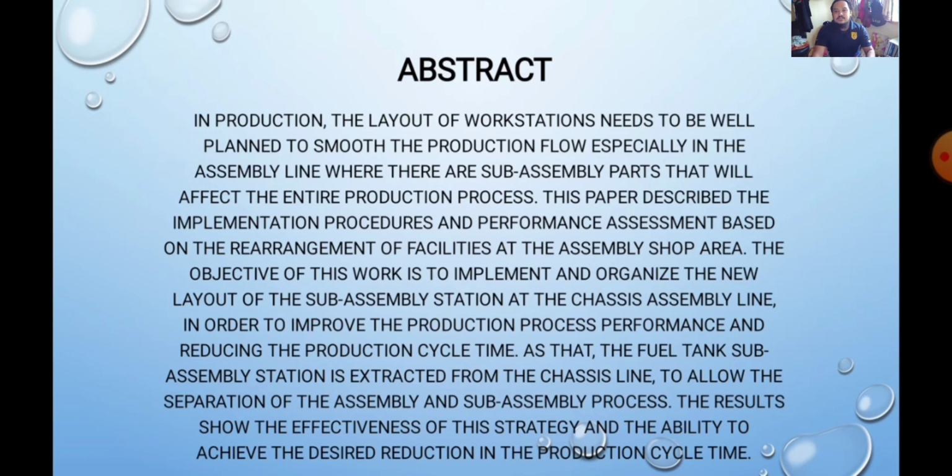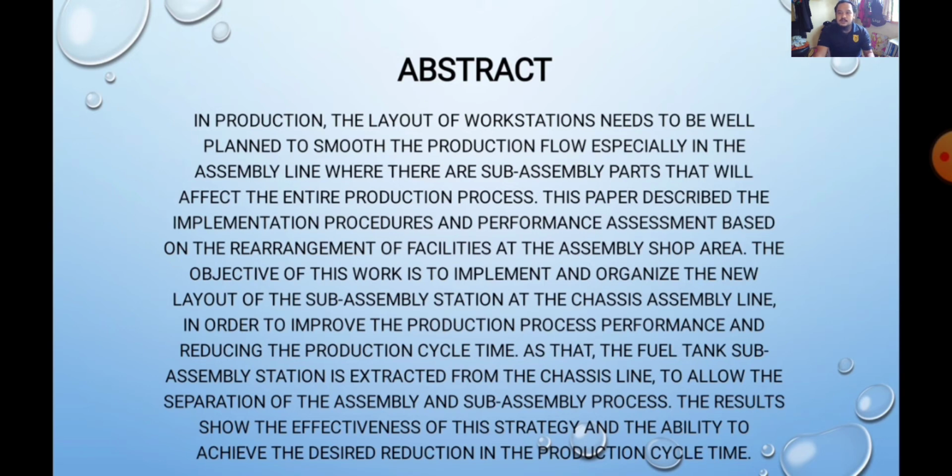So the objective of this work is to implement and organize the new layout of sub-assembly station at the chassis assembly line in order to improve the production process performance and reduce the production cycle time.